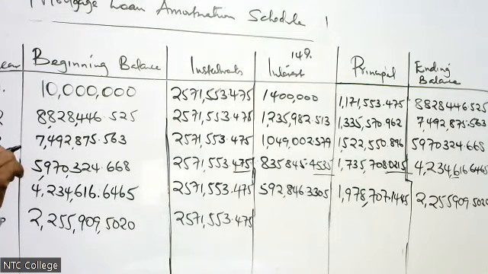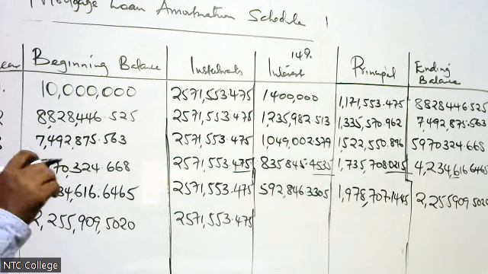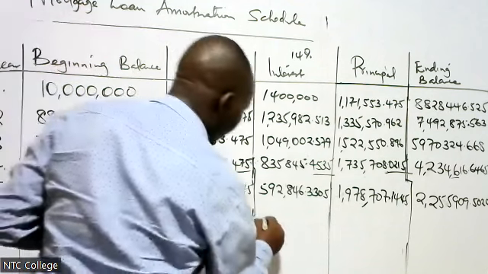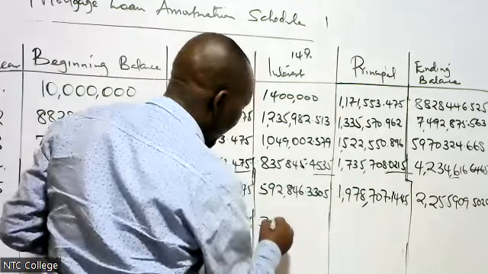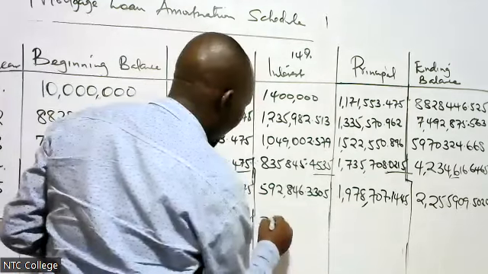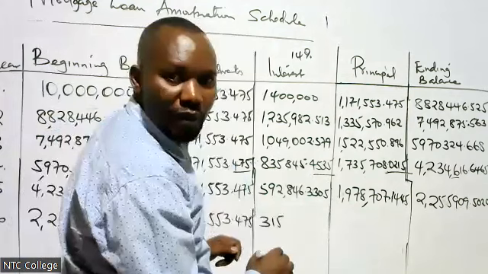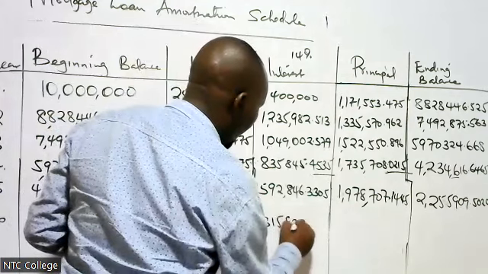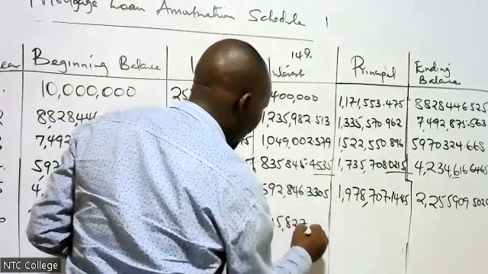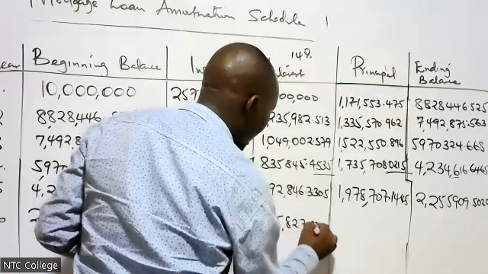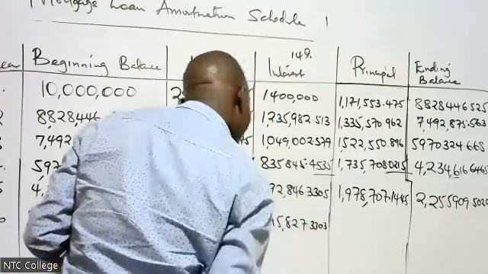Yeah, 33, is it truncated? Should be more than 3303. So we are saying that the interest should be 315,827.3303.